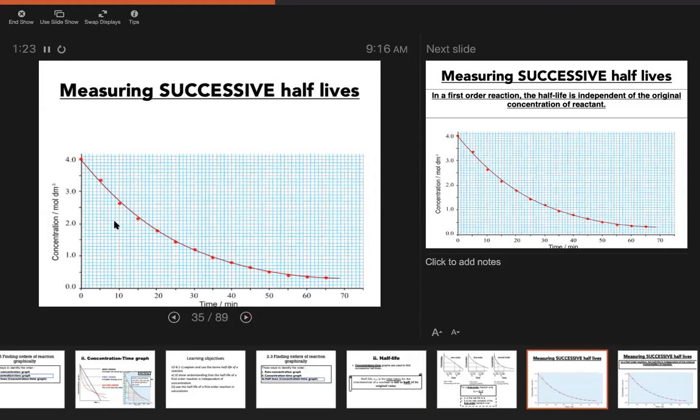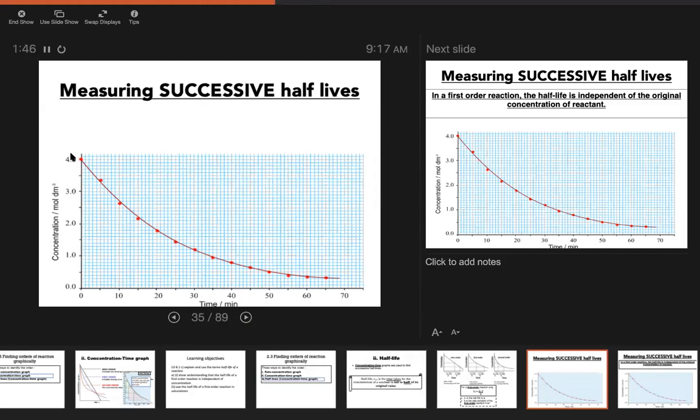Okay, so what we're going to do with this graph is, going back to the definition of half-life, the half-life is the time taken. So we want to measure the time taken when your concentration, which is your y-axis, is halved. Now, first point, you can start at any point.